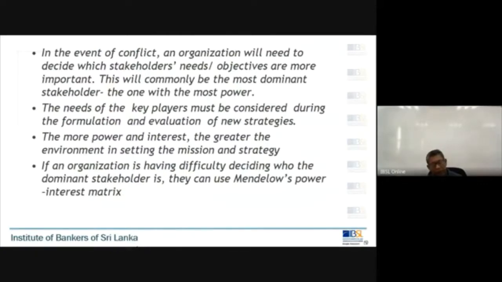Now, in the event of conflict between stakeholders, the organization will need to decide which type of stakeholder is important as far as strategy planning is concerned.